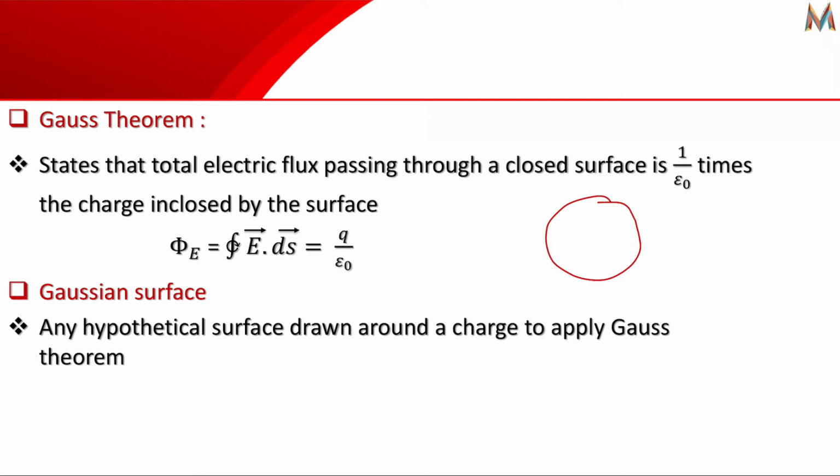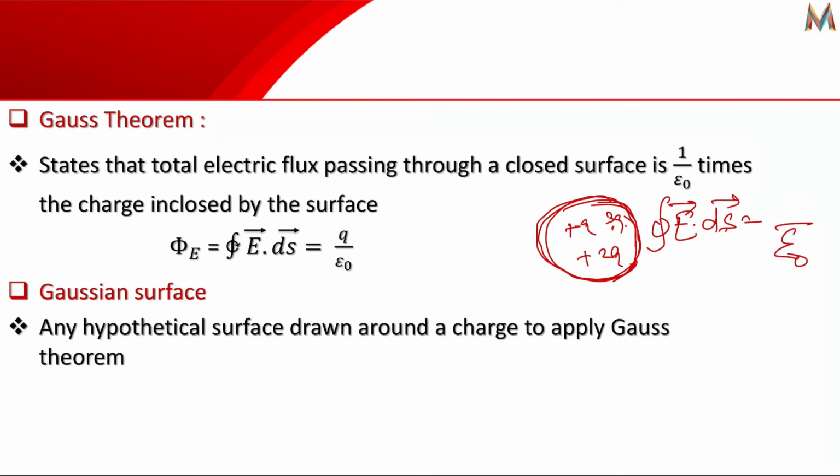There is a charge distribution here: plus Q, here 2 plus Q, here 3 plus Q, and we have to find the electric flux through this curved surface enclosing all the charges. According to the Gauss theorem, the electric flux, E dot ds over the whole surface, equals the total charge enclosed by the surface upon epsilon naught.